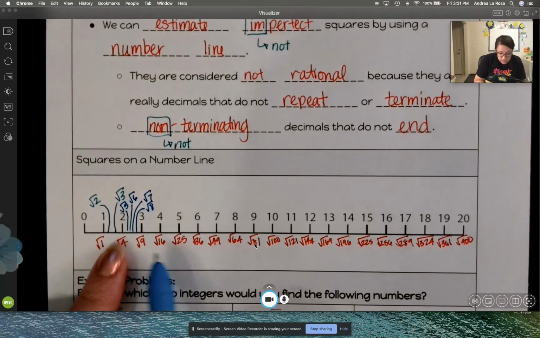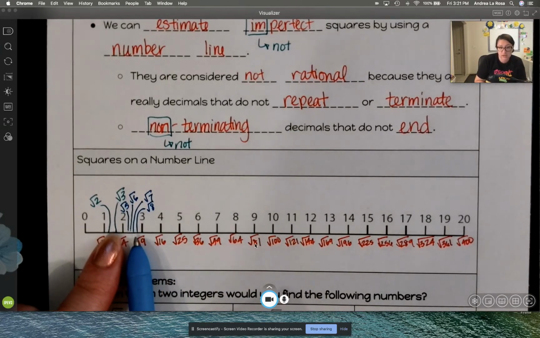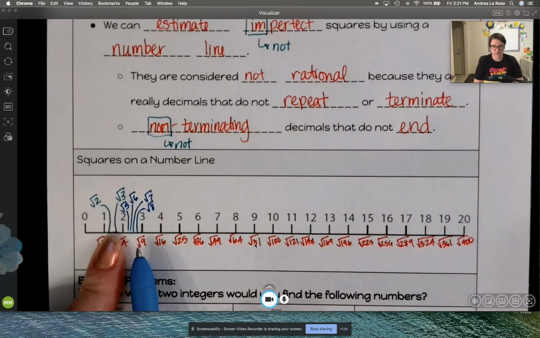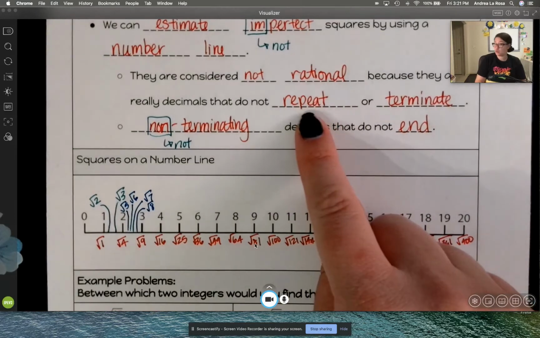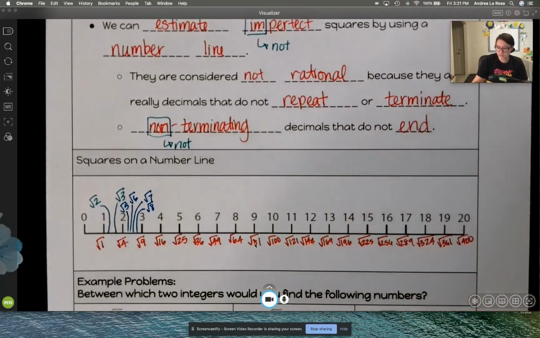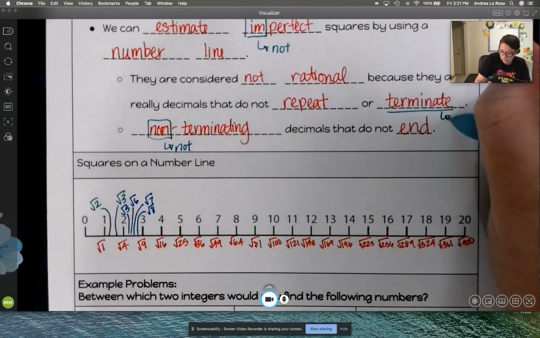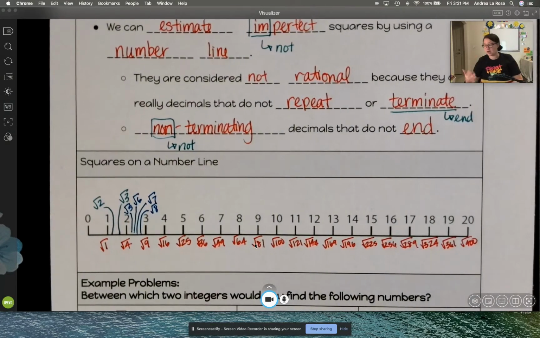So in between these perfect squares, we have all of these imperfect squares, these ugly numbers. Like we said, the decimals do not repeat, and the decimals do not terminate. Again, what does terminate mean? End. They keep on going forever and ever.